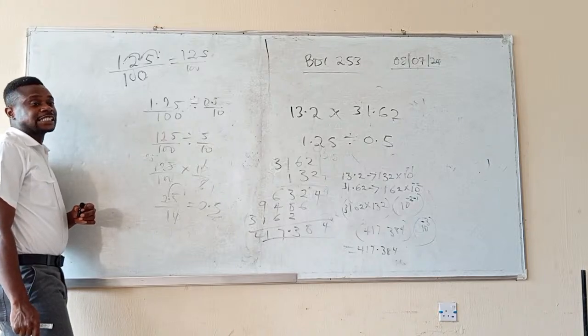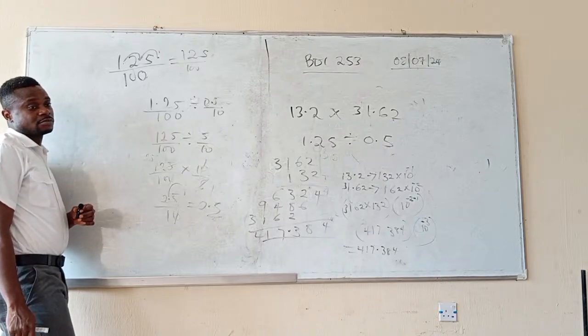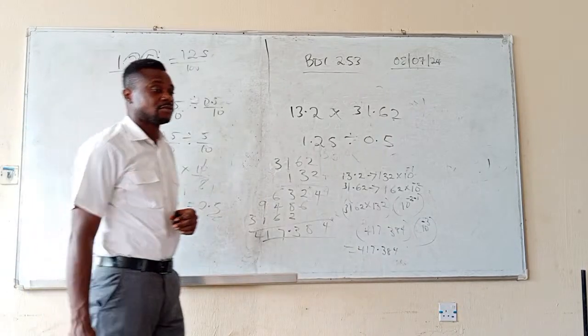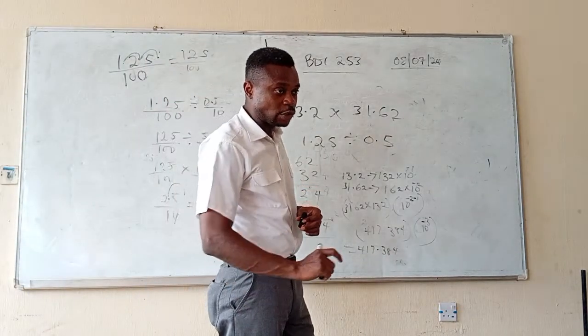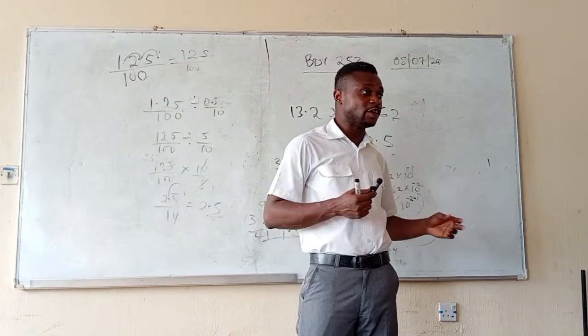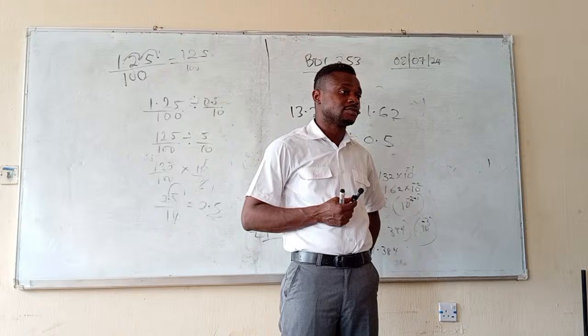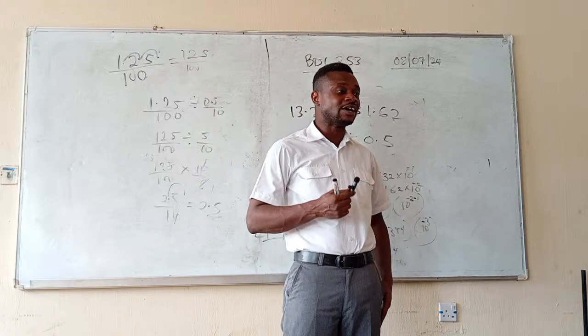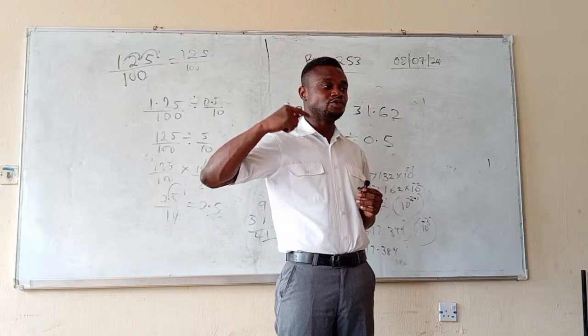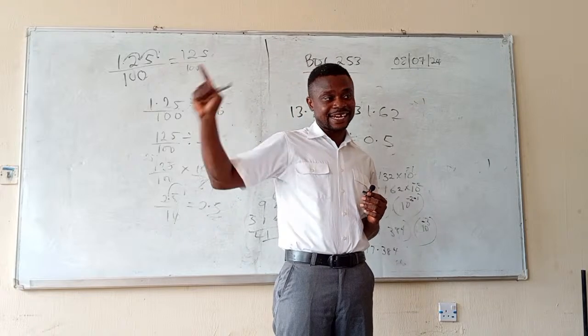It's all about decimal movement. Simple. Or decimal shift of the point. The point will keep shifting either to the right or to the left, depending on what you want to achieve. If you are adding 0, it will move to the right.